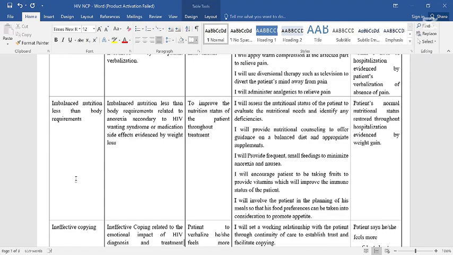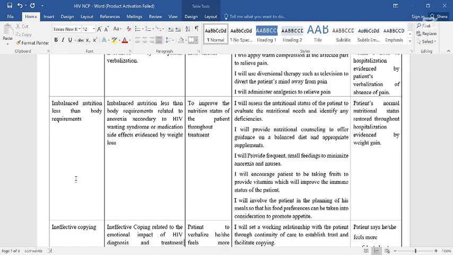Now let's look at our nursing diagnosis. Our nursing diagnosis is imbalanced nutrition less than body requirements related to anorexia, secondary to HIV wasting syndrome and or medication side effects.